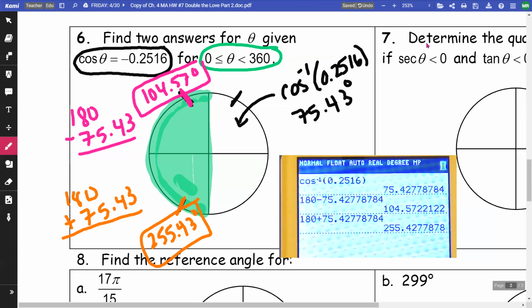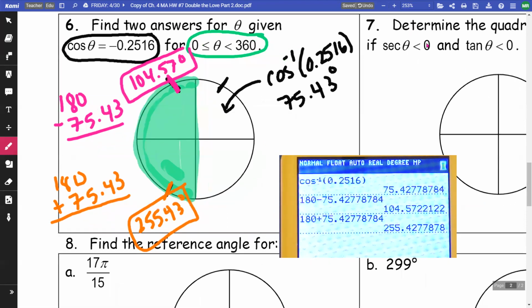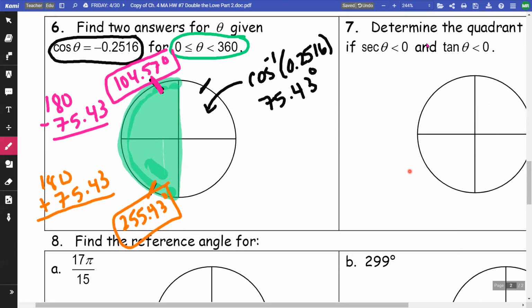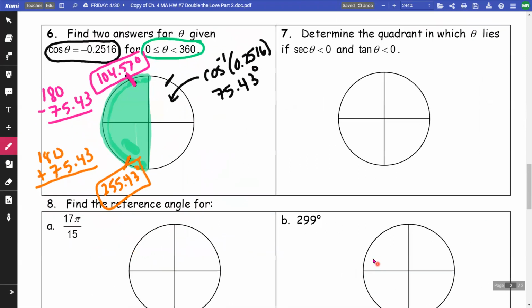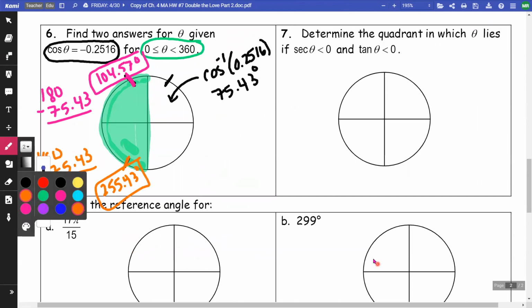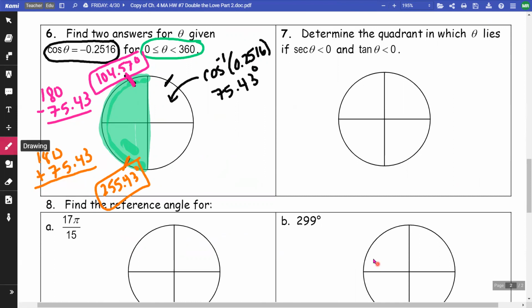Number 7 is going to be similar, but in this one, we just want the quadrant that satisfies both of these. If I'm looking at my secant, remember the reciprocal of secant is cosine.